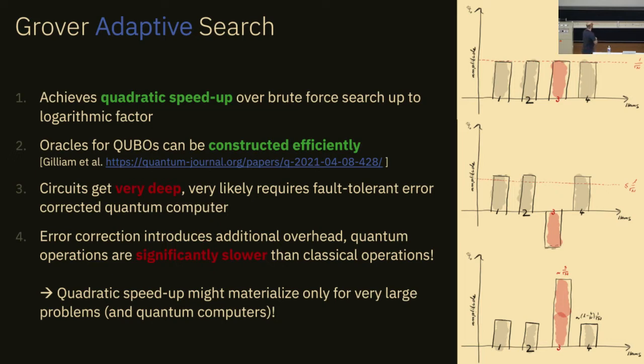And so for quadratic speedup to really materialize on using Grover search for binary optimization, I think it will require relatively large fault-tolerant quantum computers. Do you have an idea of some numbers of what that would be, how many logical qubits you would need at what speed?